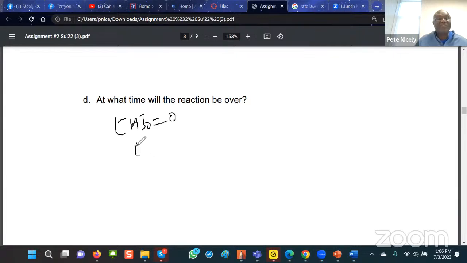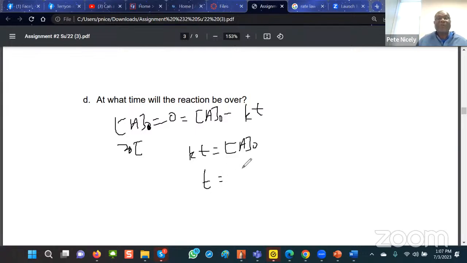That means that 0 will be equal to the initial concentration of A minus kt, which means that kt will be equal to the concentration of A initially, which means that t will be equal to the concentration of A initially over k.